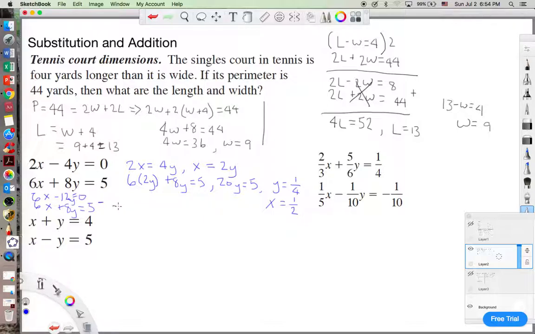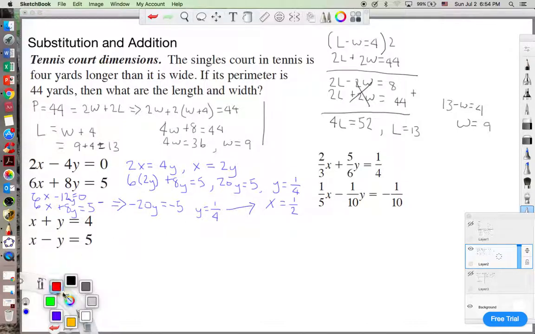We're going to subtract, and I'm going to have to move it over here. 6x minus 6x is 0x. Negative 12 minus 8 is equal to negative 20y. And you can see we're coming up with basically the same thing here. And so we get y is equal to negative 5 over 20, or again 1/4. And then we can take that y equals 1/4 and plug it back into the same equation. We'll come up with that answer right there.